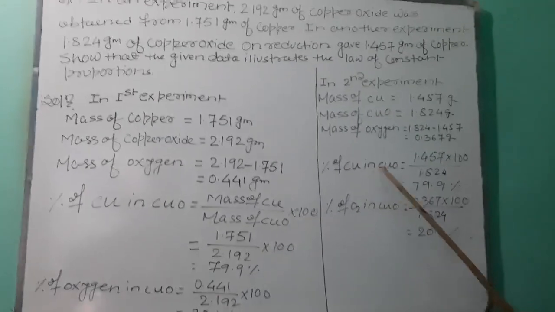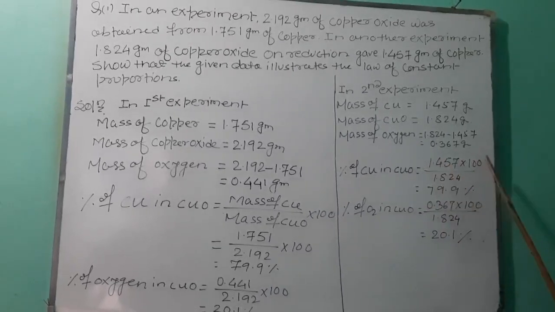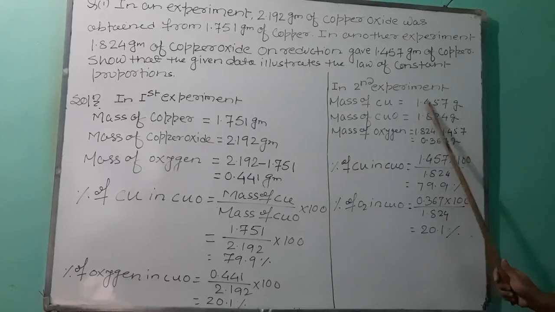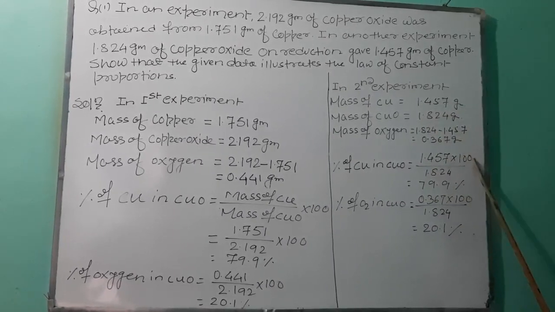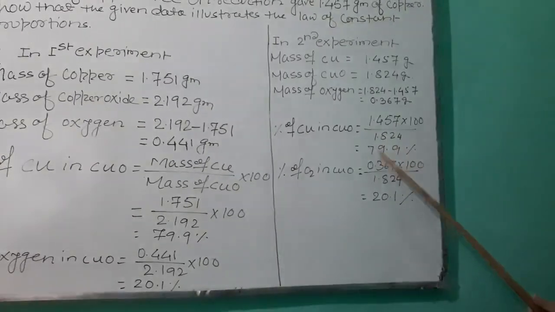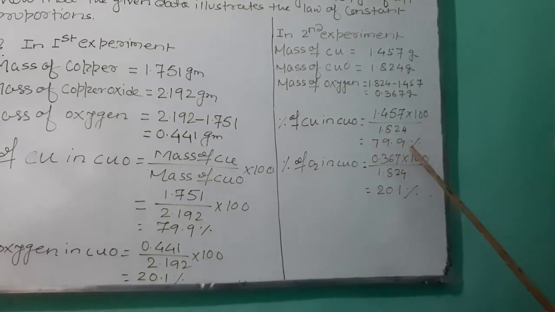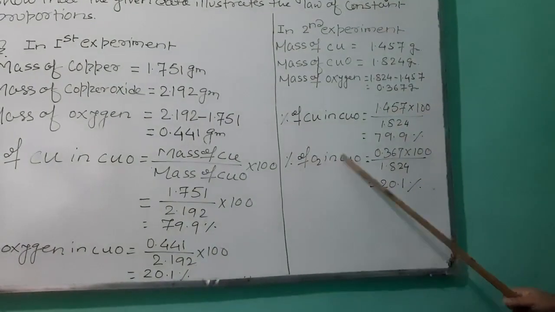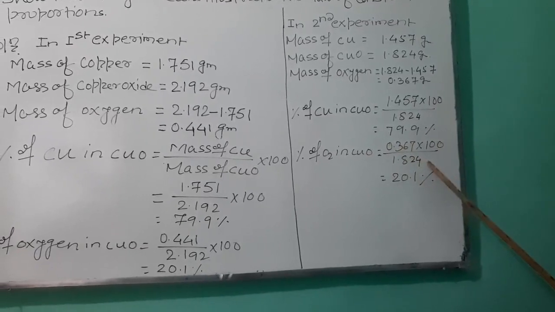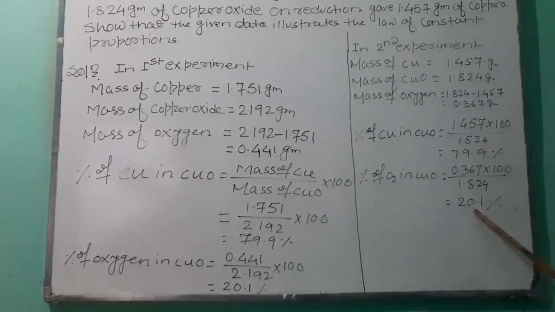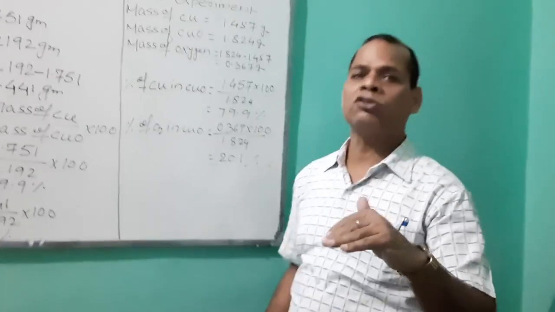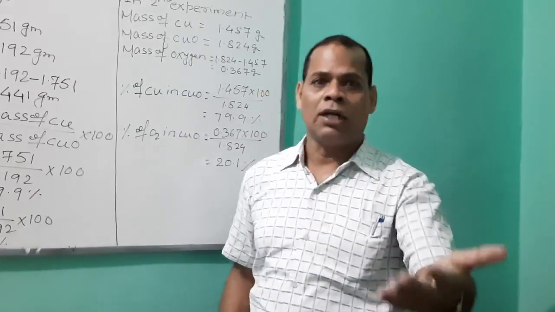Percentage of copper in copper oxide is mass of copper into 100 by mass of copper oxide, 1.457 into 100 by 1.824. That comes 79.9%. Percentage of oxygen in copper oxide is mass of oxygen into 100 by mass of copper oxide, which is also approximately 20.1%.